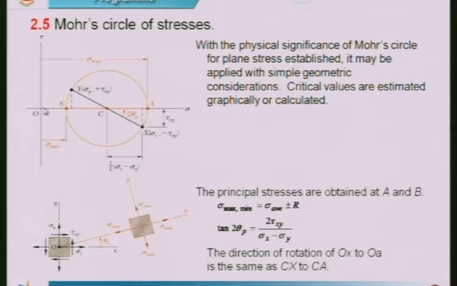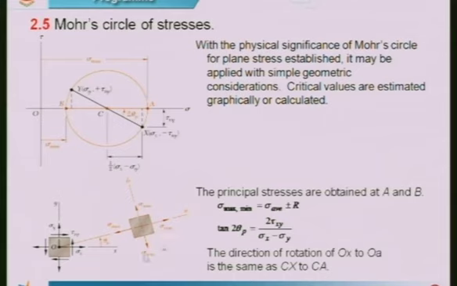Then this point is the stress value acting which corresponds to x, which is equal to the ordinate sigma x comma minus tau xy, whereas this point corresponds to the value sigma y plus tau xy, and this is half of sigma x minus sigma y. This is how we need to plot the Mohr circle.